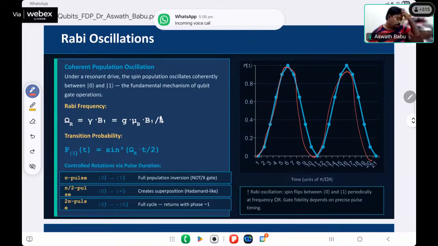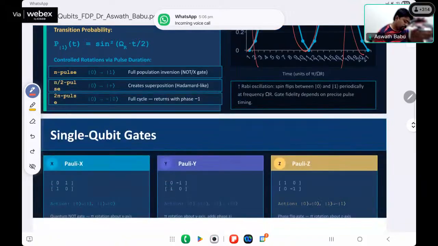With what frequency they are oscillating is dictated by the incident field frequency. The incident magnetic field itself carries some frequency of oscillation that will dictate with what frequency things are going to oscillate.